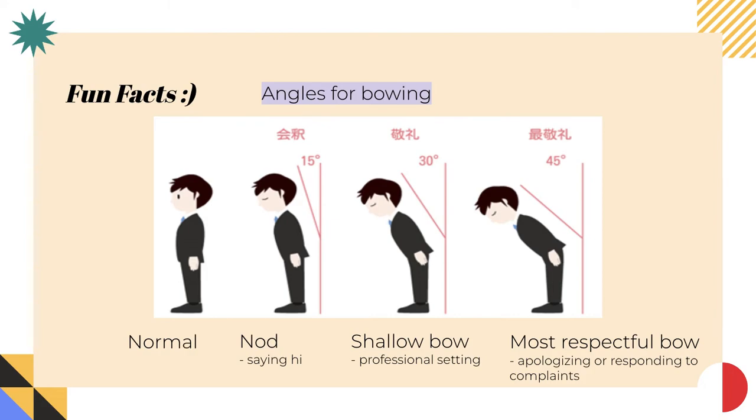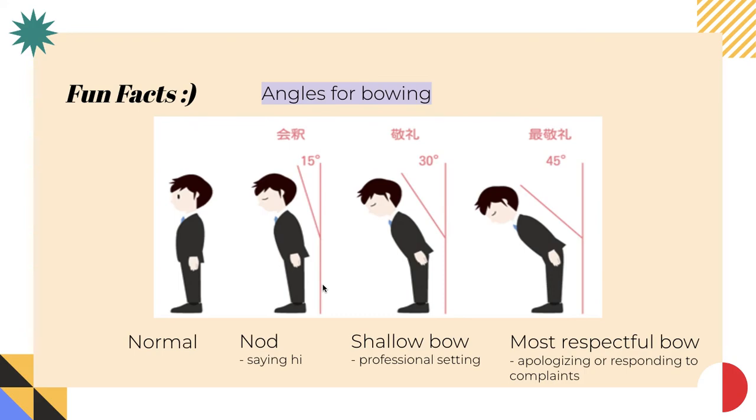So today, I chose the angle for bowing. In Japanese culture, there are certain types of ways to bow. This is a normal figure of the man, and this is the angle with 15 degrees, and we consider it as a nod.